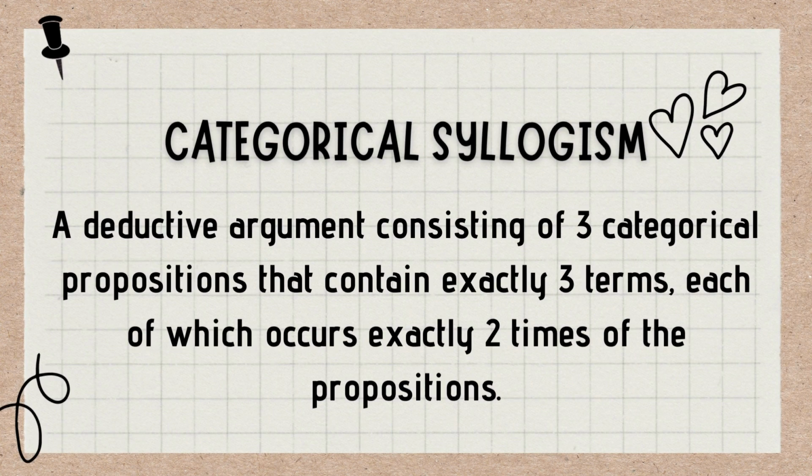The same thing goes for a categorical syllogism, but in a categorical syllogism, both premises and the conclusion must be categorical propositions, that means A, E, I, or O, and it must contain exactly three terms, each of which occurs exactly two times.